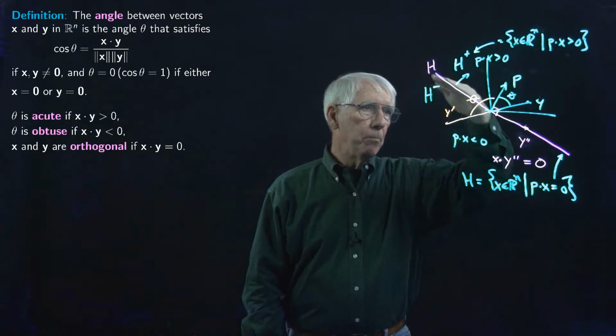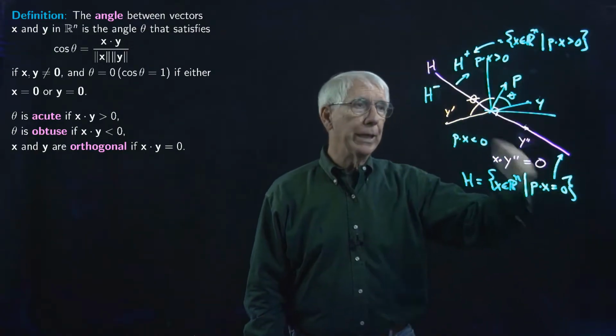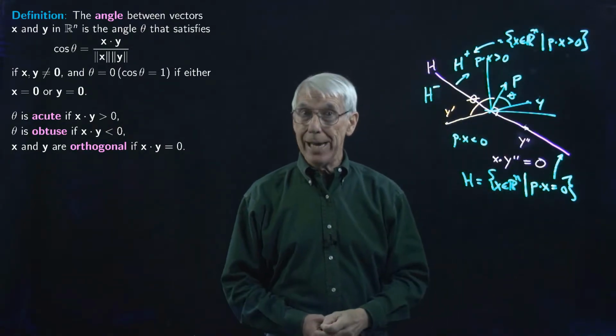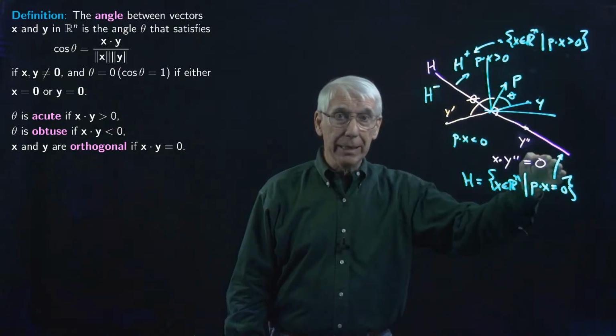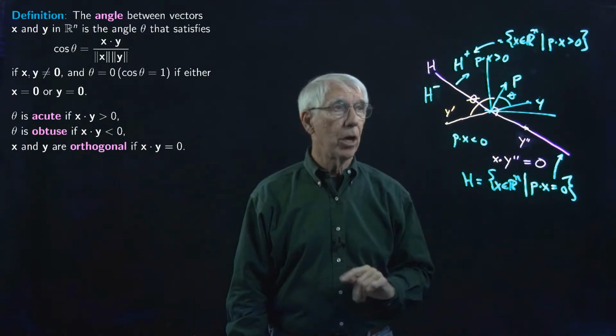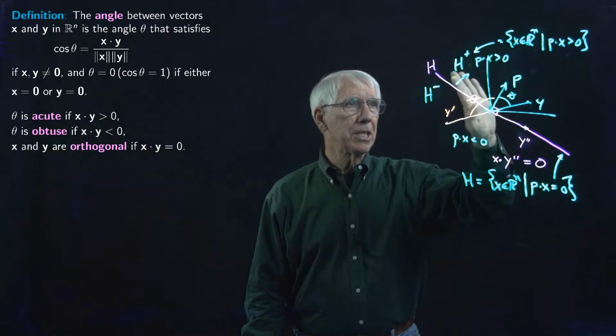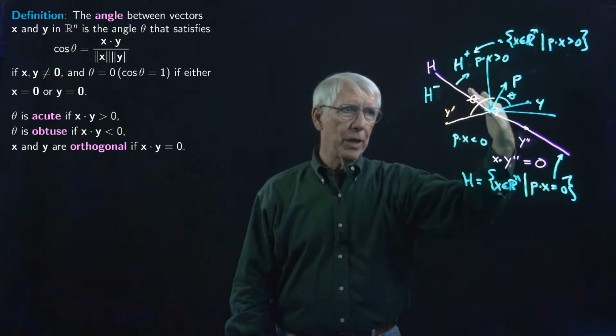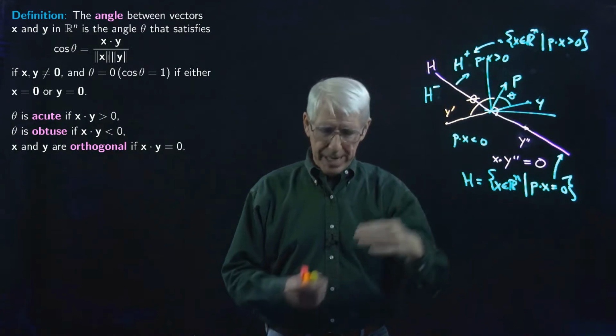The hyperplane, the plane in R3, the line in R2, or this set in Rn is called a hyperplane. And that's why I use the letter H. We'll be using that later on. And I used H plus because it's all the things to the positive side of the hyperplane. And this is all the things to the negative side of the hyperplane.